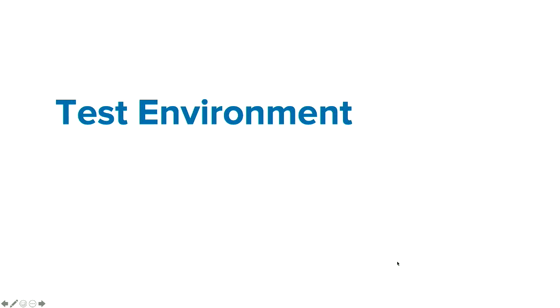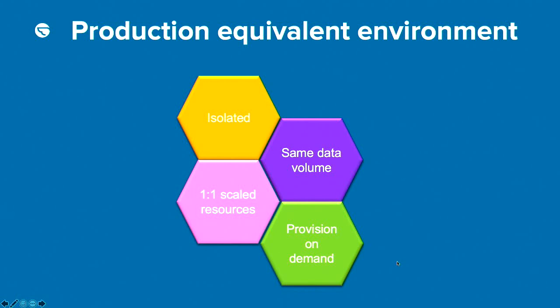So I want to talk about the test environment now. We want the test environment to be a production equivalent environment so that the testing result can be as accurate as possible. We want it to be isolated, since we're going to throw tons of traffic on it and we intentionally want to break it. So it's not a good idea to run the test on production.